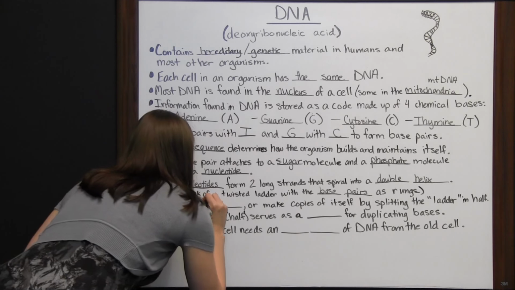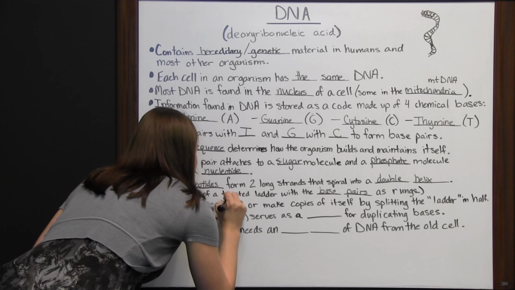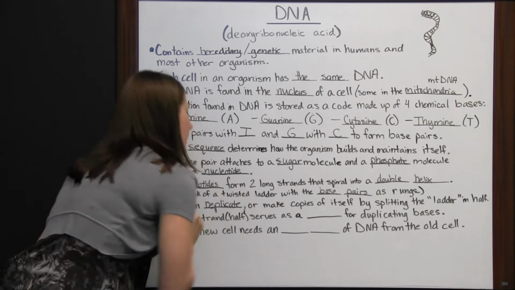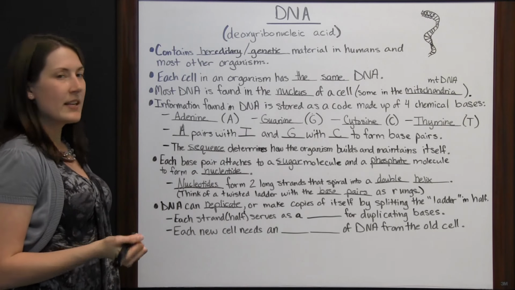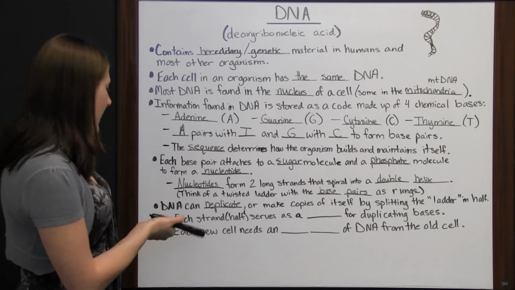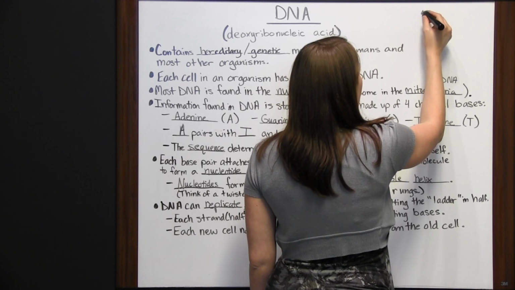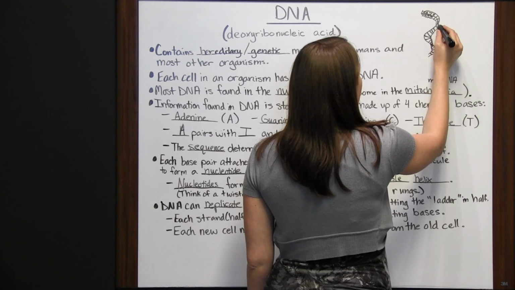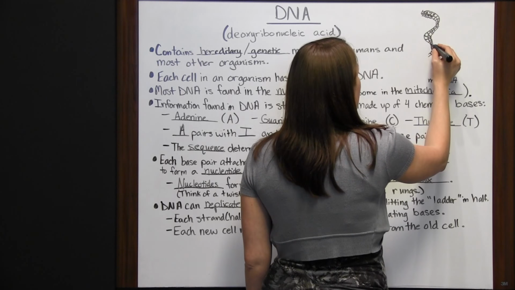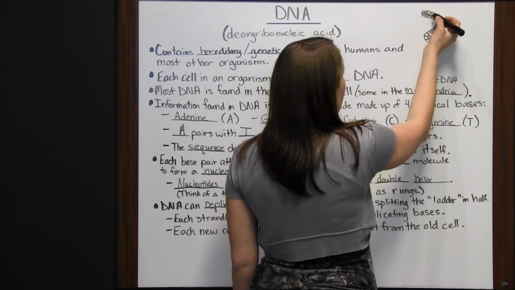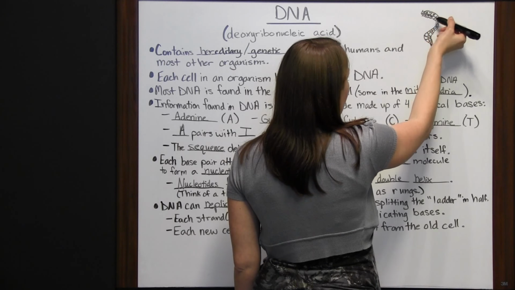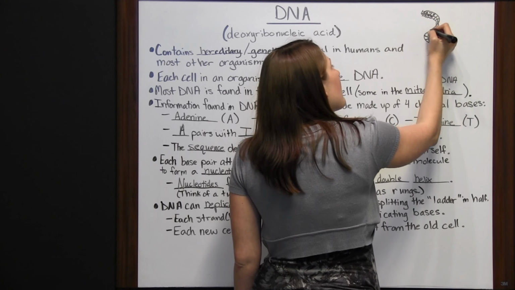DNA can replicate, or make copies of itself, by splitting the ladder in half. So if we're looking at this and we just decided to go through and cut this ladder in half, we would be separating those base pairs all the way down. So then you have AG, AG, and any other base pairs you've got.